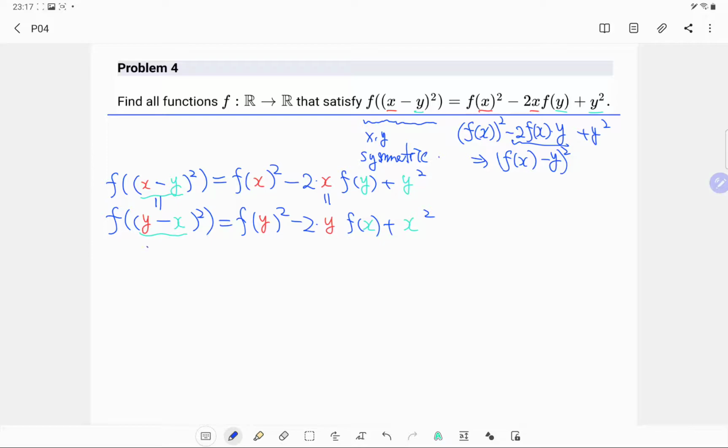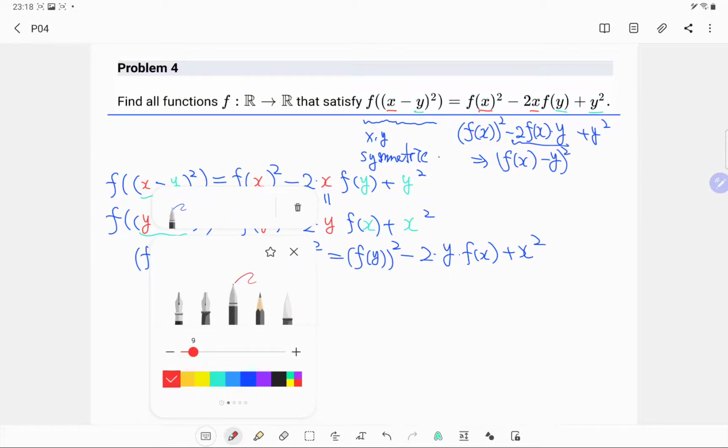So let us rewrite it: f(x) squared minus 2 times x times f(y) plus y squared equals f(y) squared minus 2 times y times f(x) plus x squared.